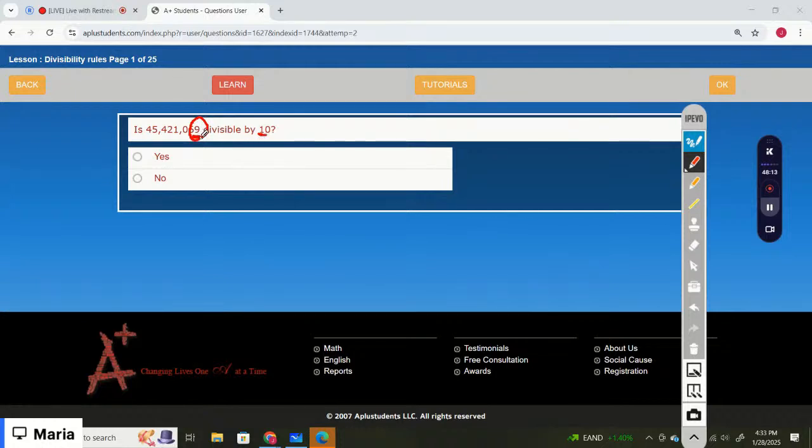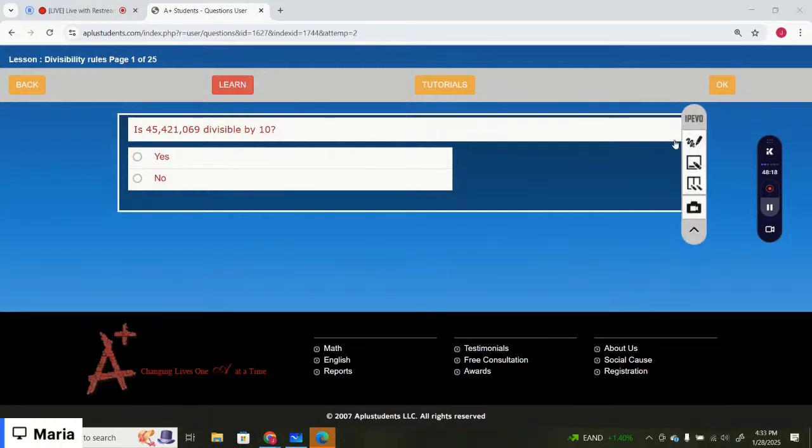So the ones digit is not 0, right? So that means that is not divisible by 10.